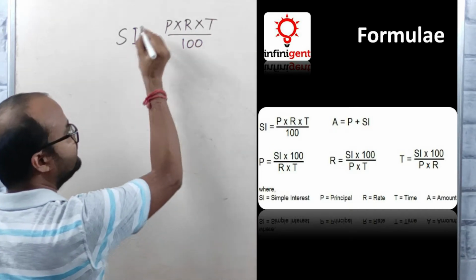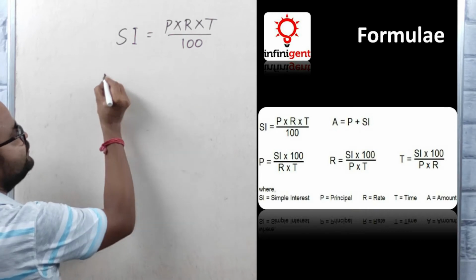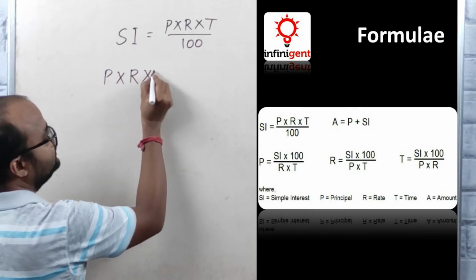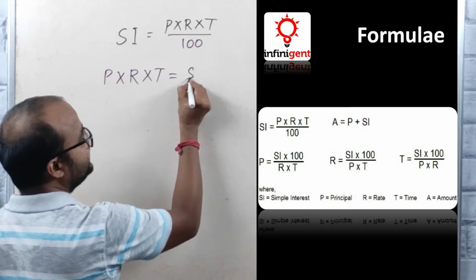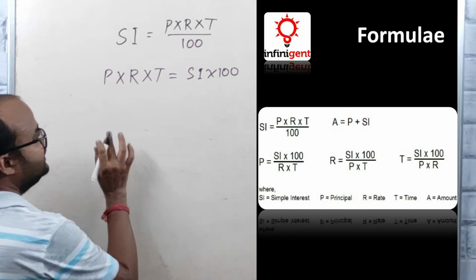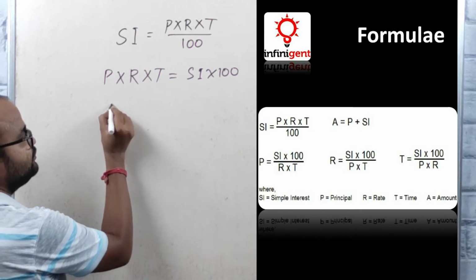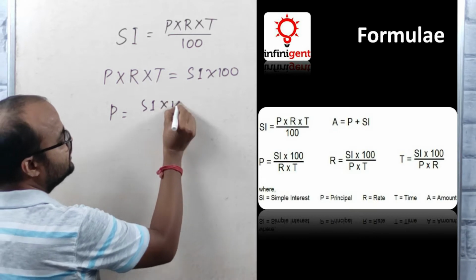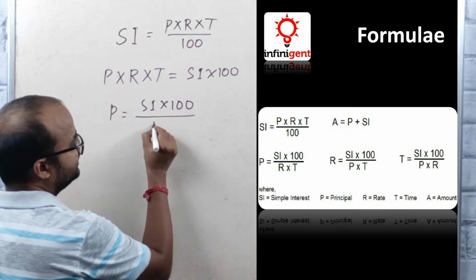So this is the formula for simple interest. Now if you cross multiply, you will get P into R into T equals SI into 100. Now if you want to find P, we write SI into 100 by R into T.